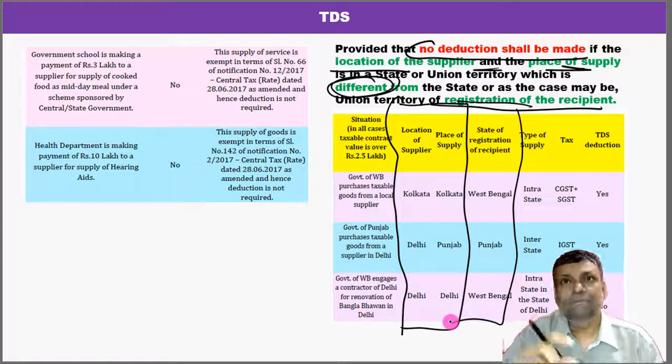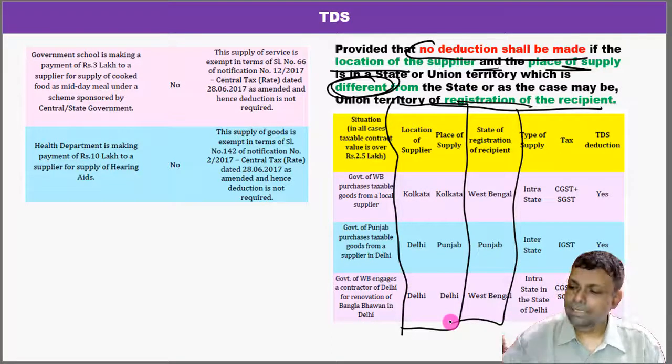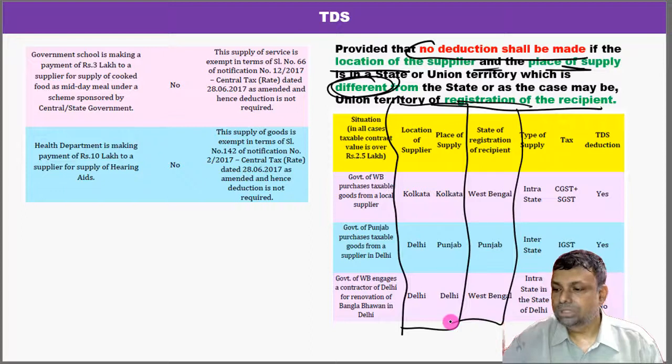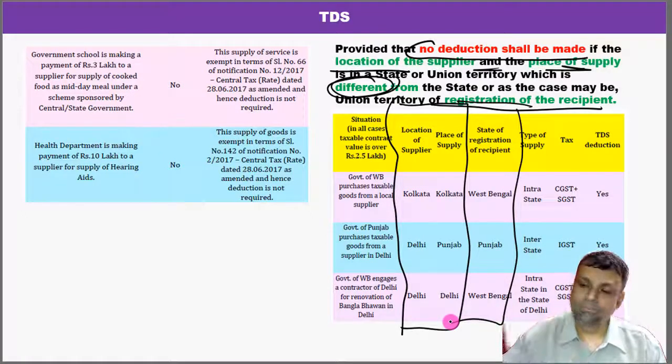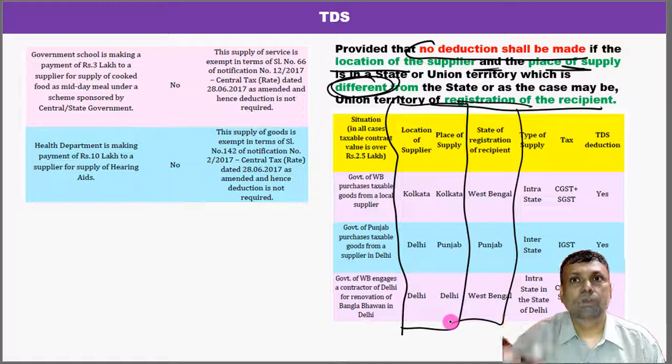If either of these places, the location of the supplier or the place of supply, is the same as the place of the recipient, in that case you may say that the TDS provision will be applicable. And if these places are different, in that case the TDS provision is not applicable.